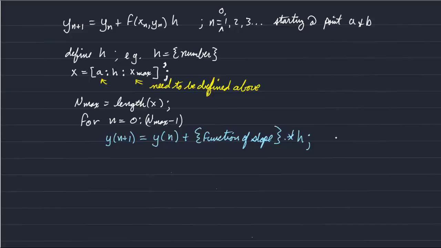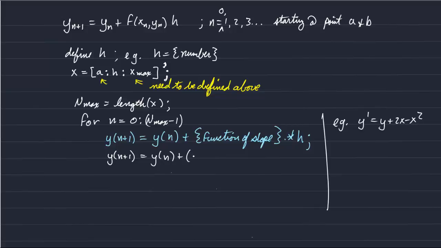Okay, so for example, Greenberg shows a case in which the problem at hand is y prime is equal to y plus 2x minus x squared. And with that example, we would write y of n plus 1 is equal to y at point n plus, now the slope is y at point n plus 2 times x minus x squared.